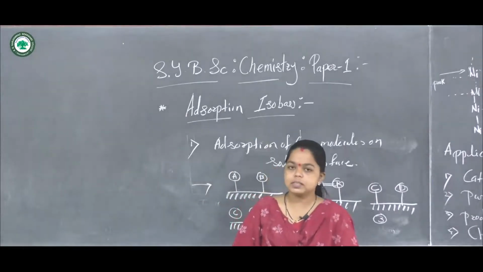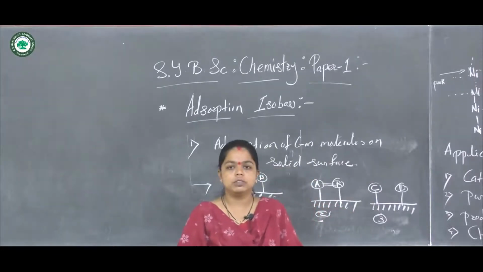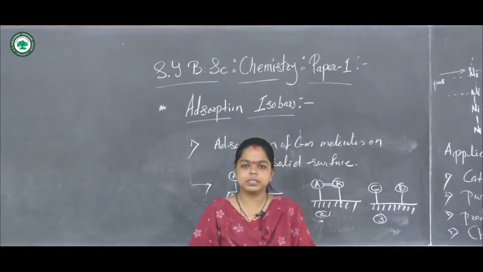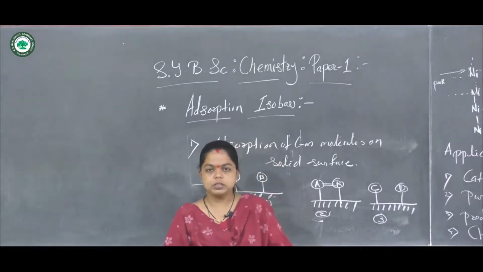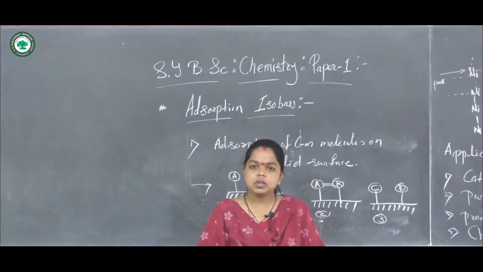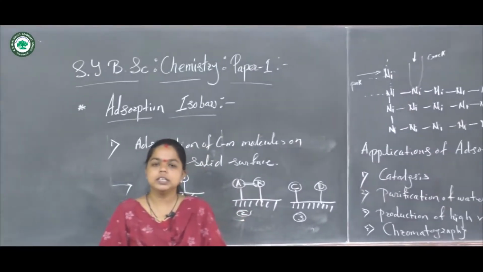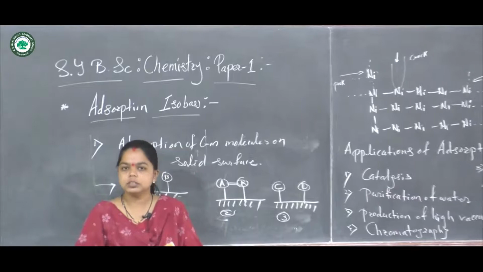This mobile phase contains the mixture of the sample, and according to the polarity present in the sample or the mixture, the solid surface area or the adsorbent material is polar in nature.